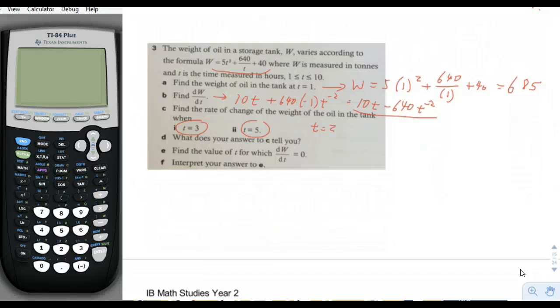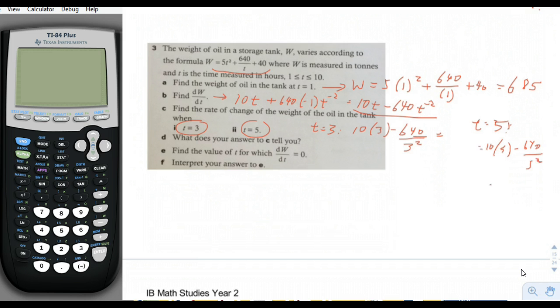When t equals 3, it would be 10 times 3 minus 640 over 3 squared, so 30 minus 640 divided by 9. And when t equals 5, we substitute 5: 10 times 5 minus 640 divided by 5 squared.